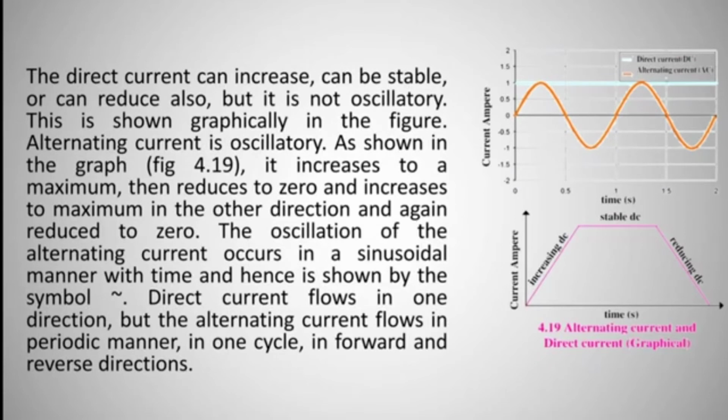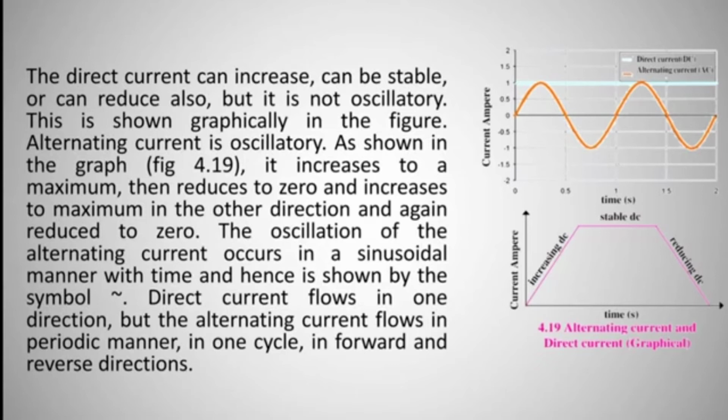Alternating current is oscillatory as shown in the graph. It increases to the maximum, then reduces to zero and increases to maximum in the other direction and again reduces to zero. In the figure, magnitudes like -1, -2 have been used to show the reverse direction.